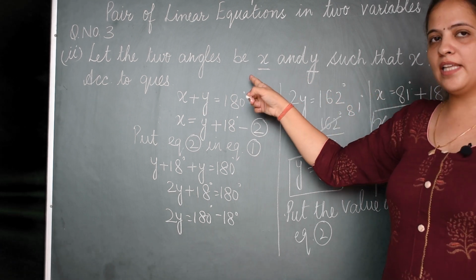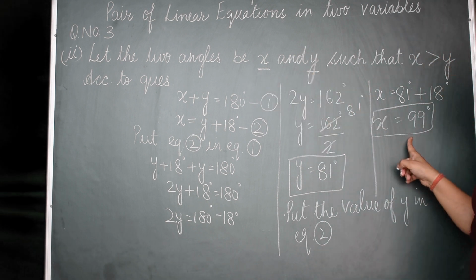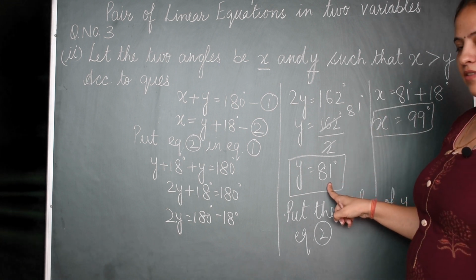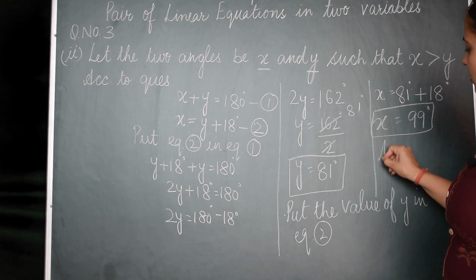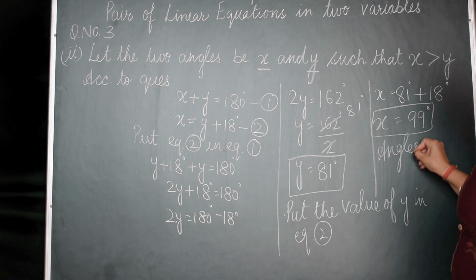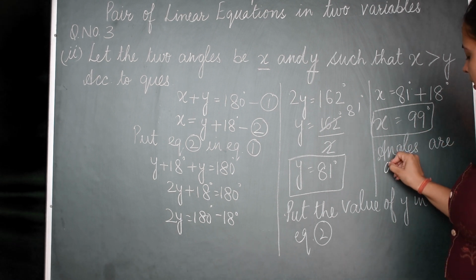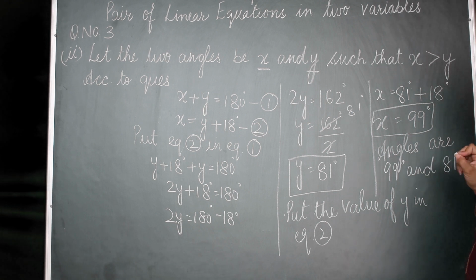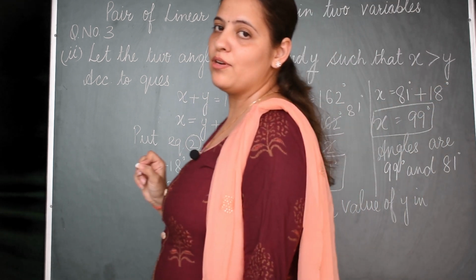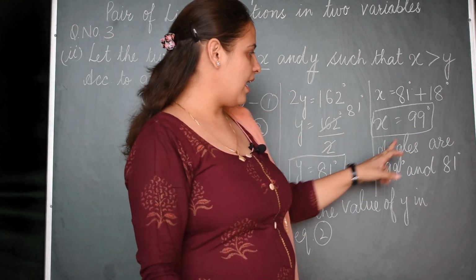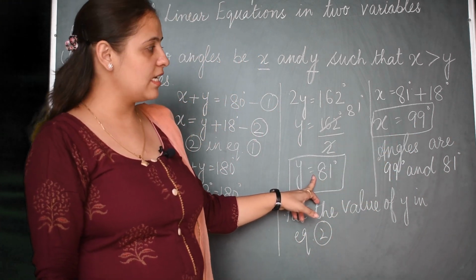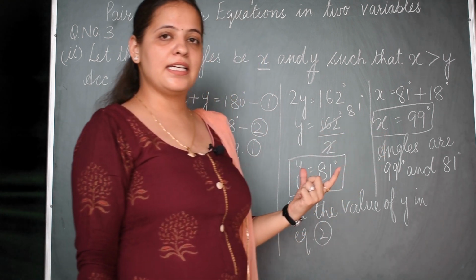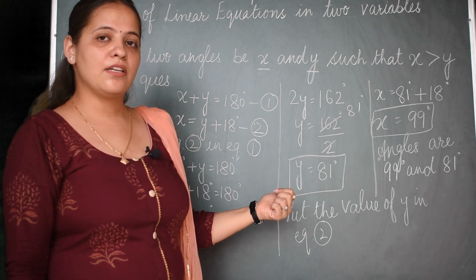Now we have got both the angles. x as 99 degree was the larger angle, so 99 degree is greater than 81 degree, and y was the smaller. So you have to write the answer as angles are 99 degree and 81 degree. As the question is about supplementary angles, you can see here 99 degree plus 81 degree is equal to 180 degree. So we have got the two angles and their sum is 180 degree. So they are your supplementary angles.